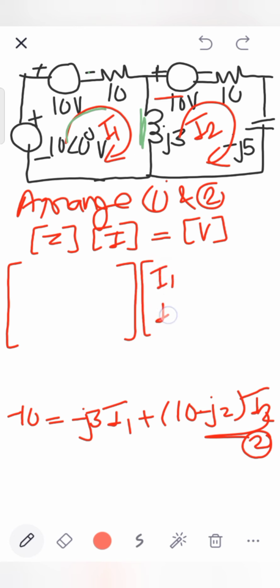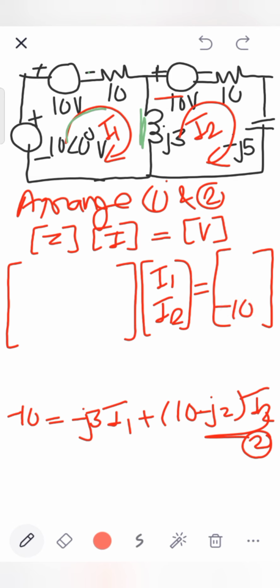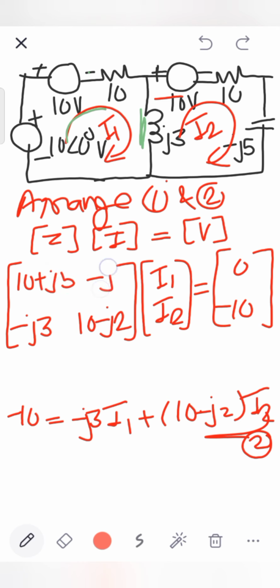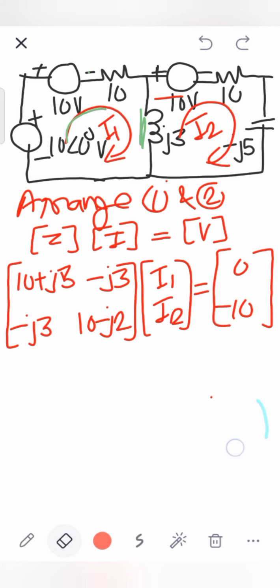I1, I2 equal to voltage. Tell me the equation. As per equation number 2, minus J3, this is 10 minus J2. Okay, this is your matrix equation.